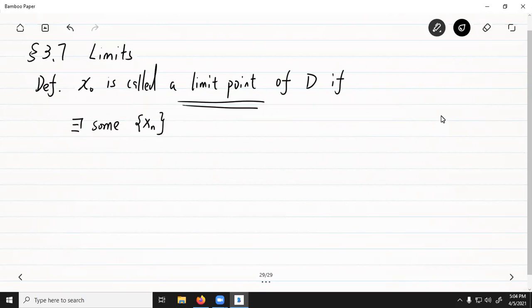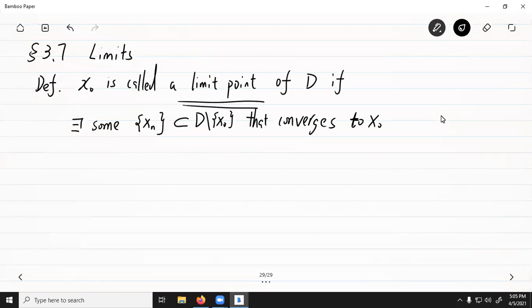This sequence belongs to D, but not equal to x0. Okay, so this is D minus x0. So there exists some sequence in D, but not equal to x0, that converges to x0.